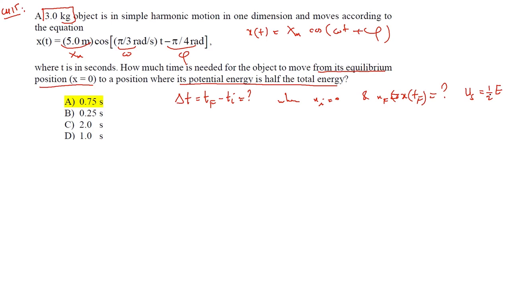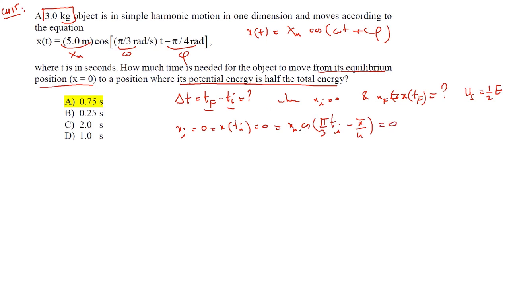Okay, let's go. First things first, I have to find t final and t initial. So x initial is 0, meaning x at t initial is 0, meaning x m cosine of (pi over 3 t initial minus pi over 4) is equal to 0.